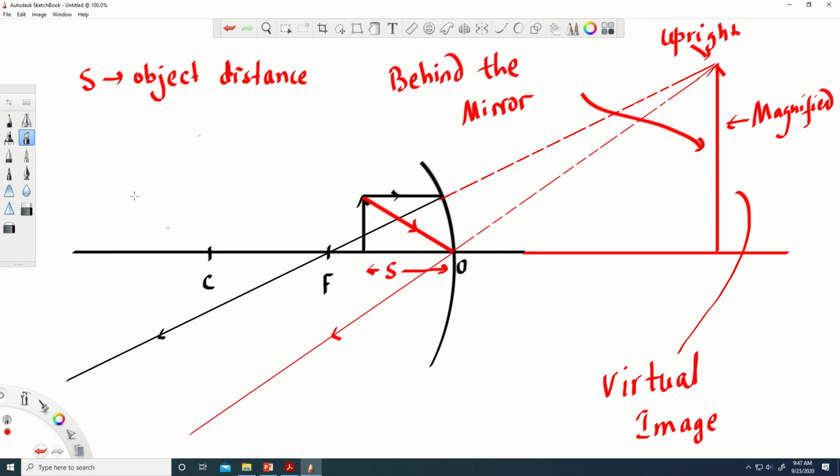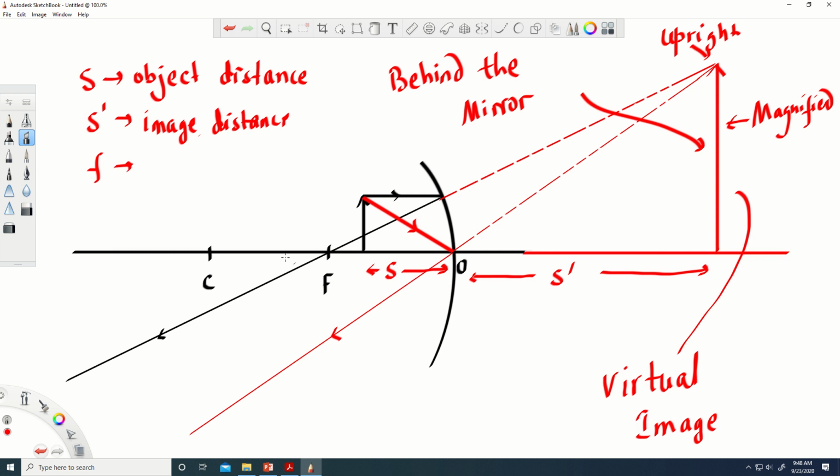And S prime is the distance between the image and the center of the mirror. So S prime is that distance, the image distance, and F is the focal length.